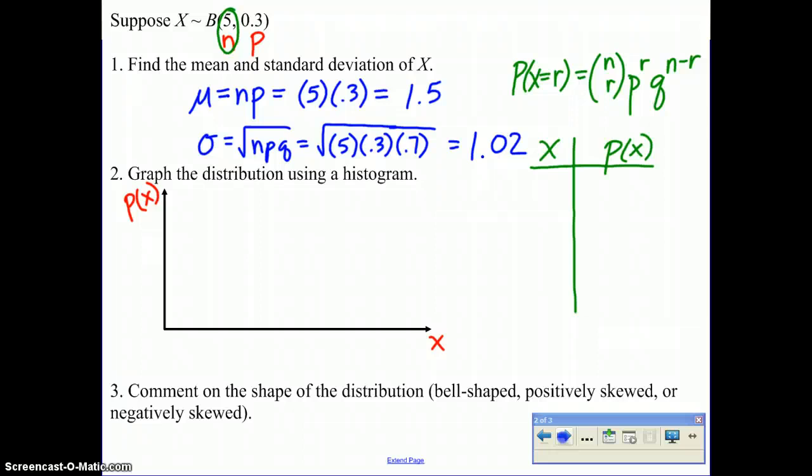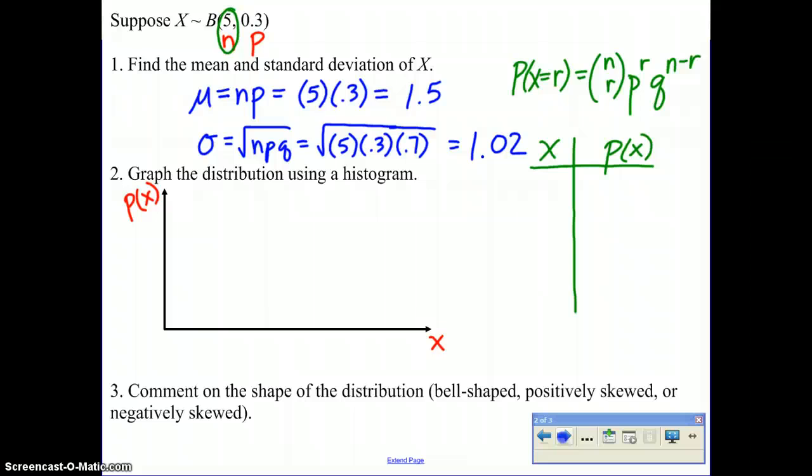We could be shooting 5 baskets. We could be randomly selecting 5 people and figuring out whether they're left-handed or right-handed, or any sort of thing. But we've got five trials.